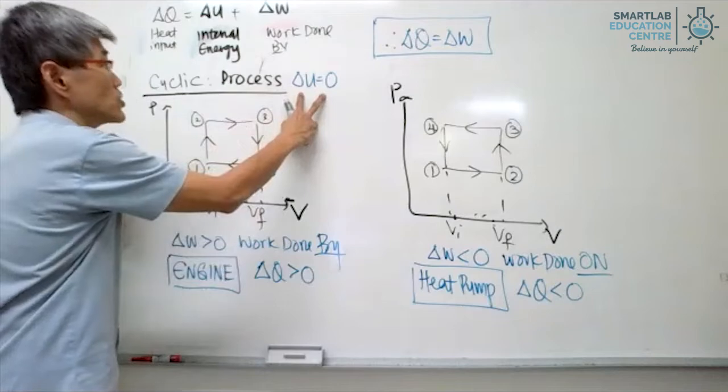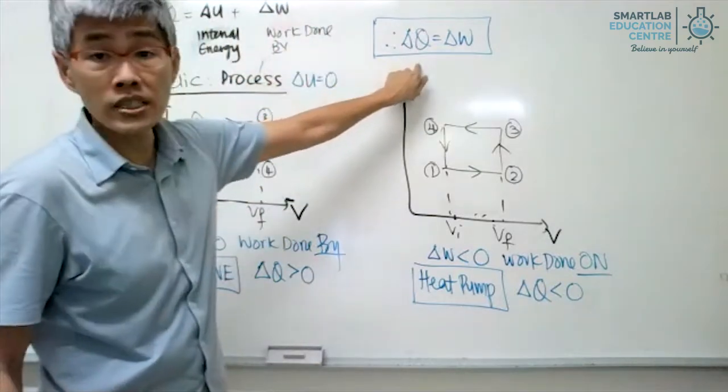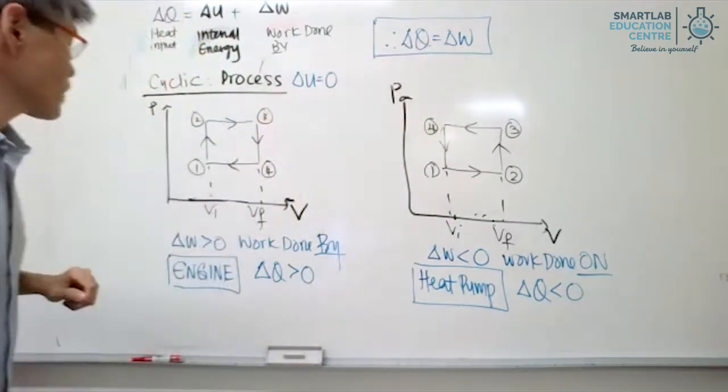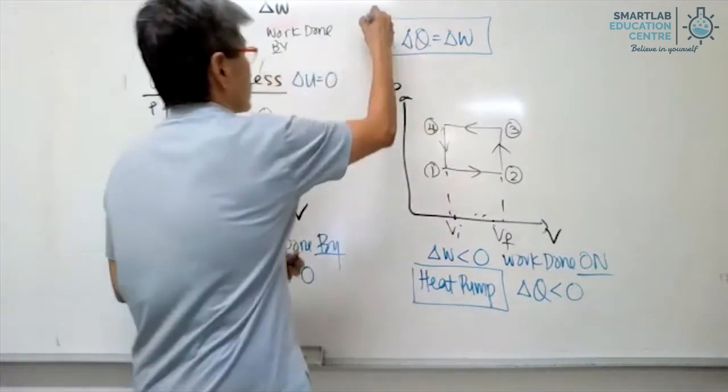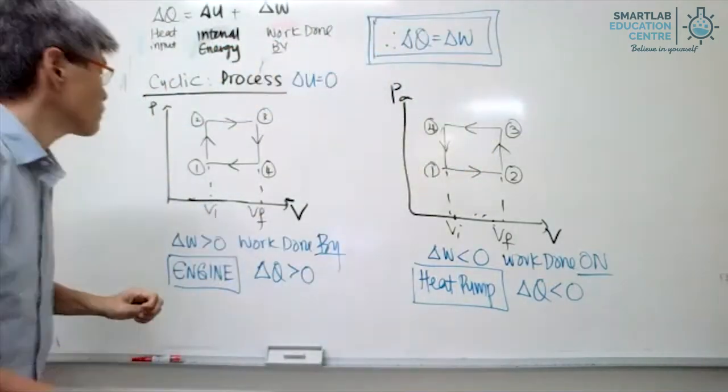Hence, if the change in U is 0, by looking at this expression, quite clearly your heat input should be equal to the work done by the system. So bear in mind that when you have a cyclic process, this is the equation that we'll be looking at.